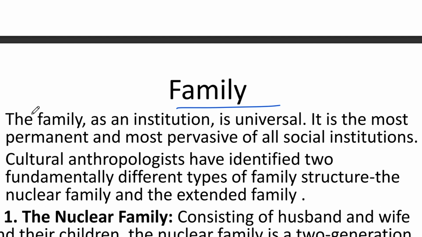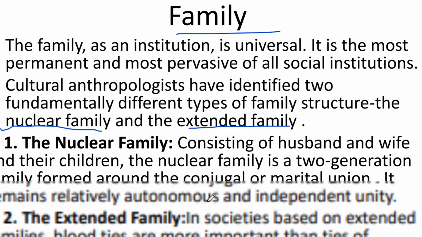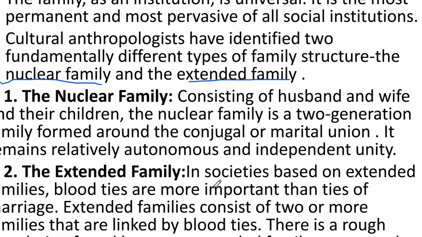Cultural anthropologists have identified two fundamentally different types of family structure: the nuclear family and the extended family. The nuclear family consists of husband and wife and their children. It is a two-generation family formed around the conjugal or marital union.